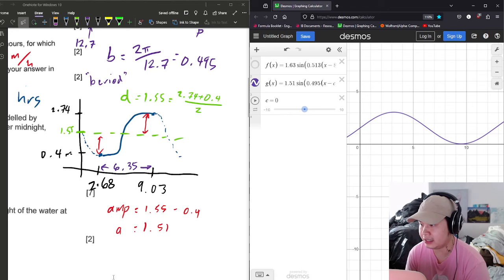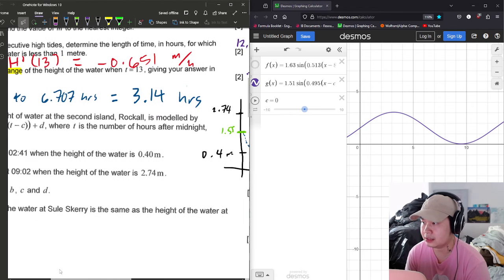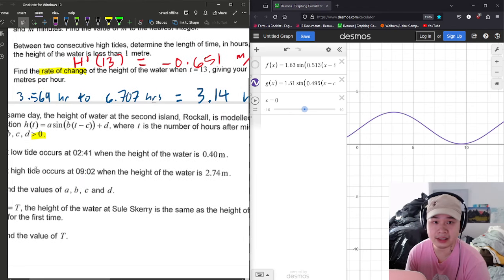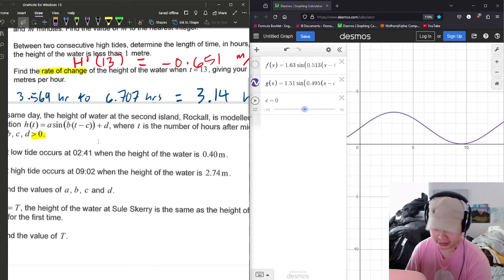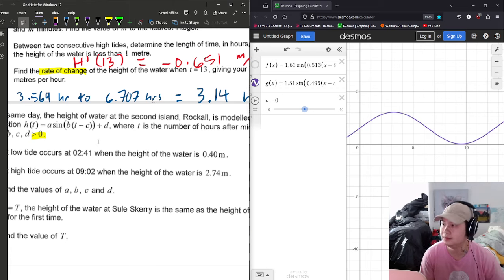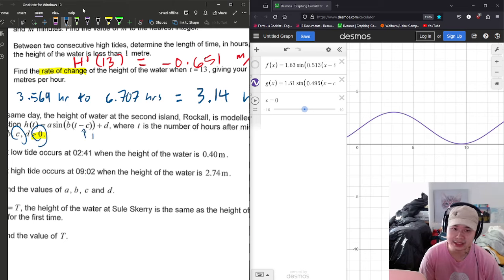Now, what does it say? It says right here also, right, that C is positive. In other words, combined with this, it says that you have to move it to the right.